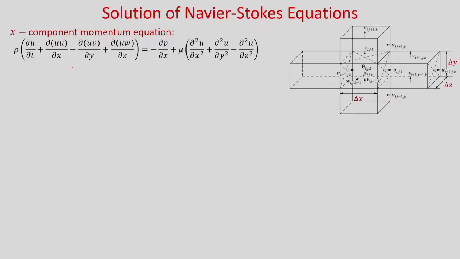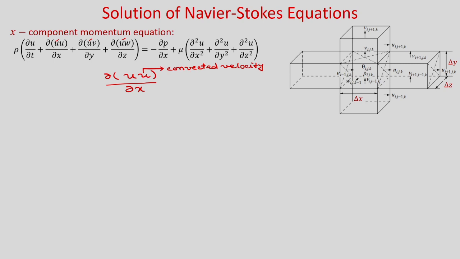So, if you see this term del u by del x, one u is the convected velocity, and another u is the velocity which is actually convecting this variable.